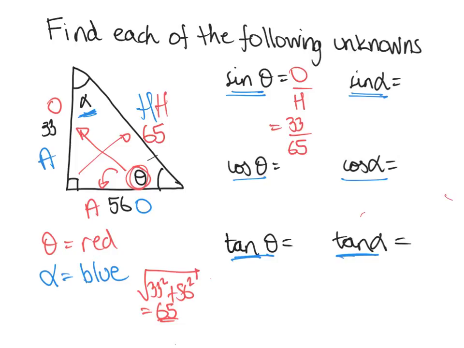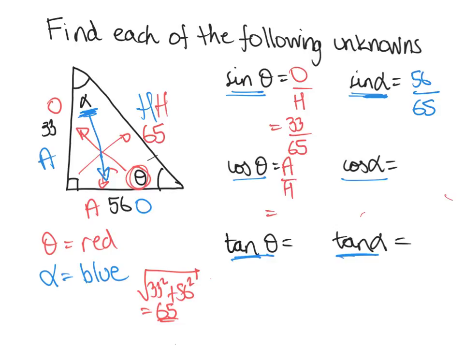The opposite side here will be 33 and the hypotenuse is 65. Now sine of alpha, well since alpha is over here, the opposite side will be 56 and the hypotenuse will be 65. Now cos of theta, cos is the adjacent over the hypotenuse.